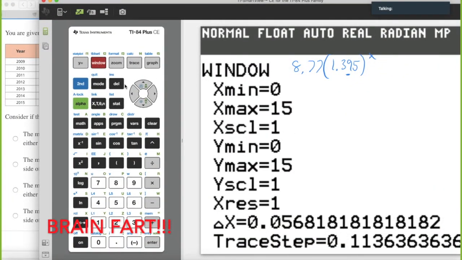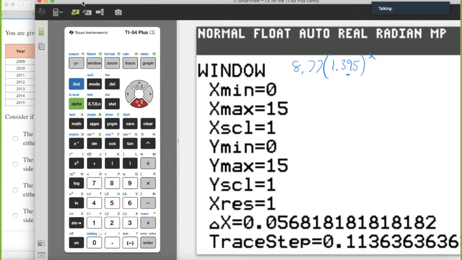Where's my... Okay, I think I figured it out. So we just got to fix our x and y. I think it was our y that needed to be a little bit bigger. So that should go up to like, our biggest value is 58. So let's make it go up to 70.